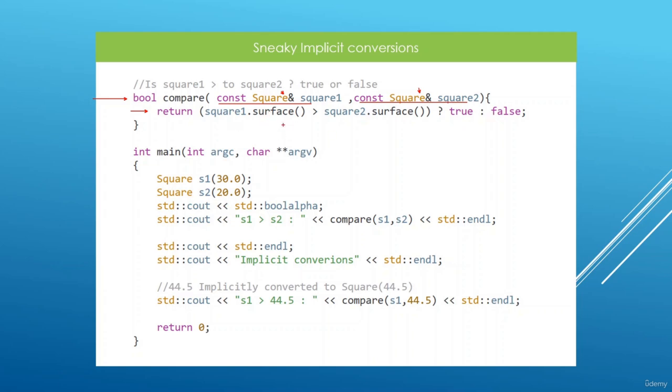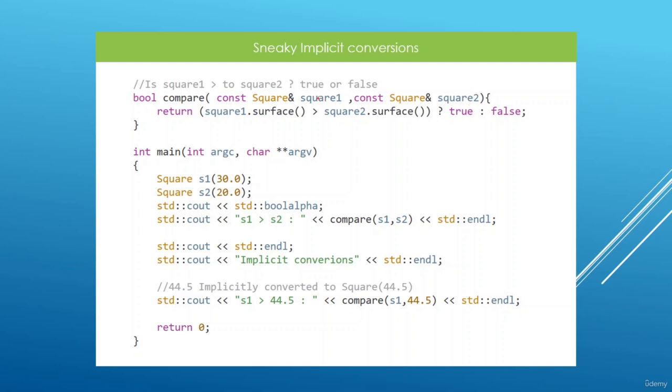So we are basically saying if the surface of square 1 is greater, then we're going to consider that as the greater square. And then if the surface of square 2 is greater, we're going to consider that as the greater square. So what the function here will be doing is checking if square 1 is greater than square 2.